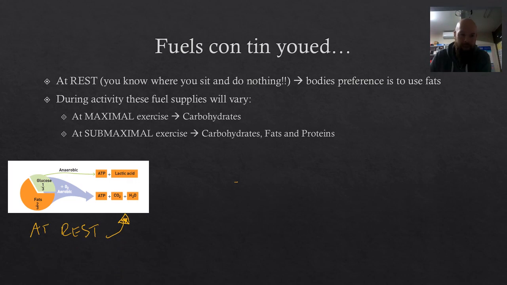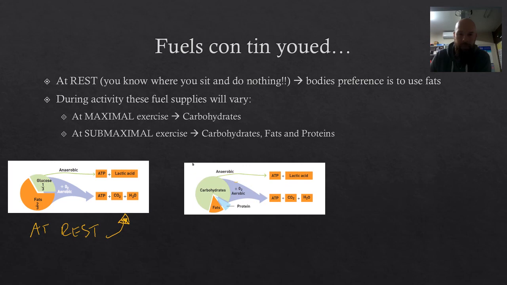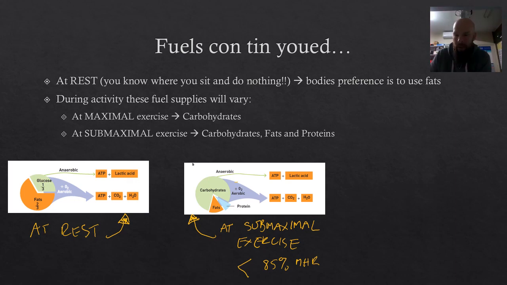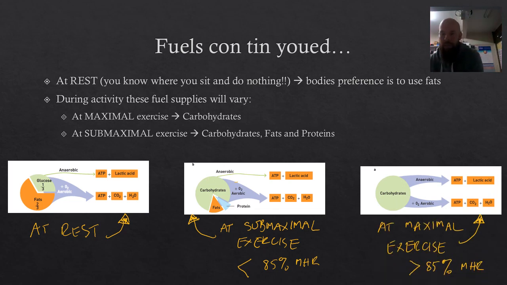At rest, you'll use 1/3 carbohydrates and 2/3 fats. At submaximal exercise, so we're talking less than 85% of your max heart rate, you'll use your carbohydrates, your fat, and some proteins. And finally, maximal exercise, so we're talking greater than 85% of your maximum heart rate.